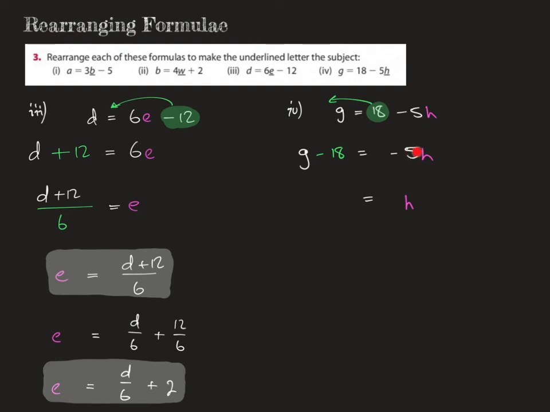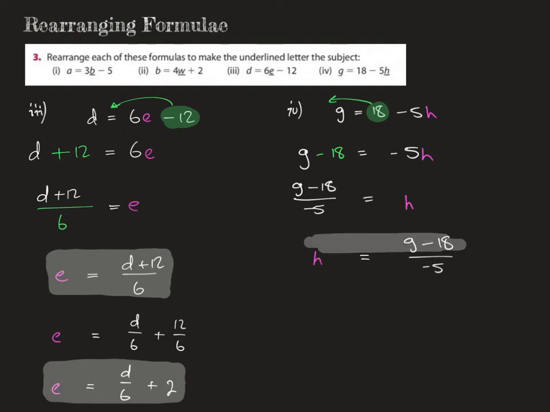So if I divide this side by negative 5, I'll be left with just H. But I have to make sure I do the same to this side, so G minus 18 is going to be divided by negative 5. So my answer there could be H equals G minus 18 all over negative 5.